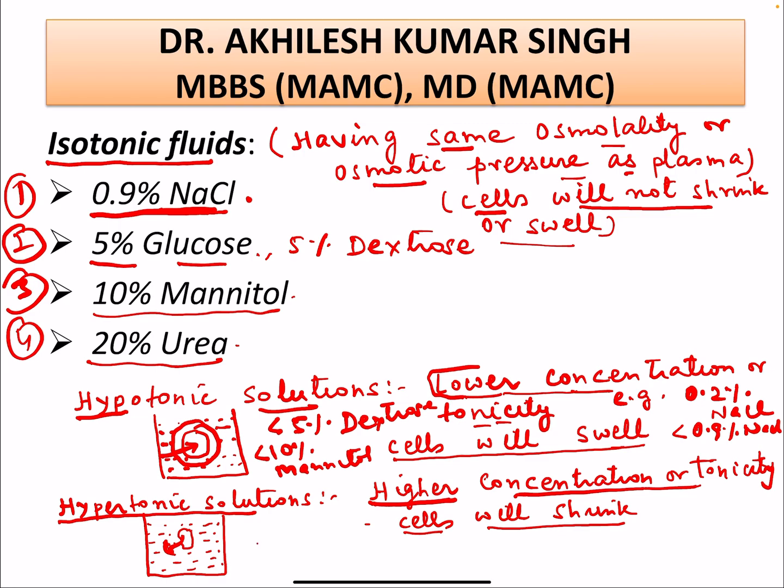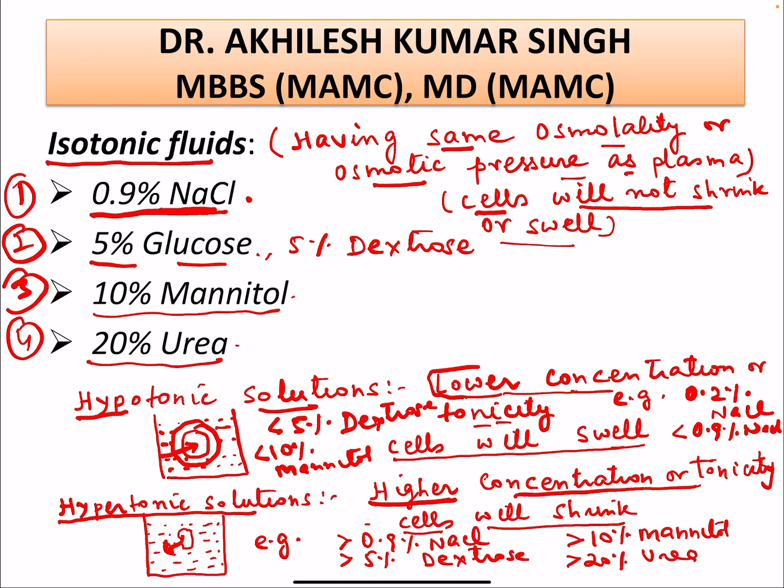As examples, if the concentration is more than 0.9% NaCl, it will become hypertonic. If the concentration is more than 5% dextrose, it will become hypertonic. If the concentration is more than 10% mannitol, again it will become hypertonic. And if the concentration is more than 20% urea, again it will become hypertonic.